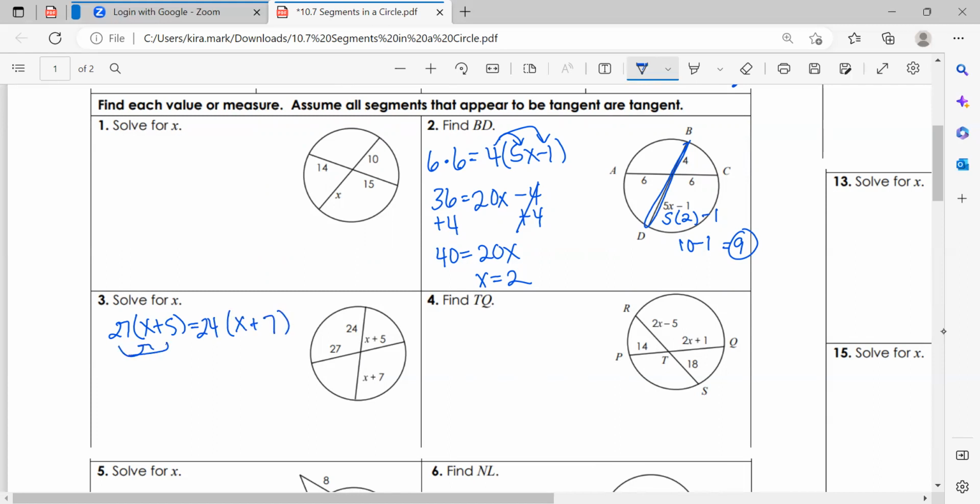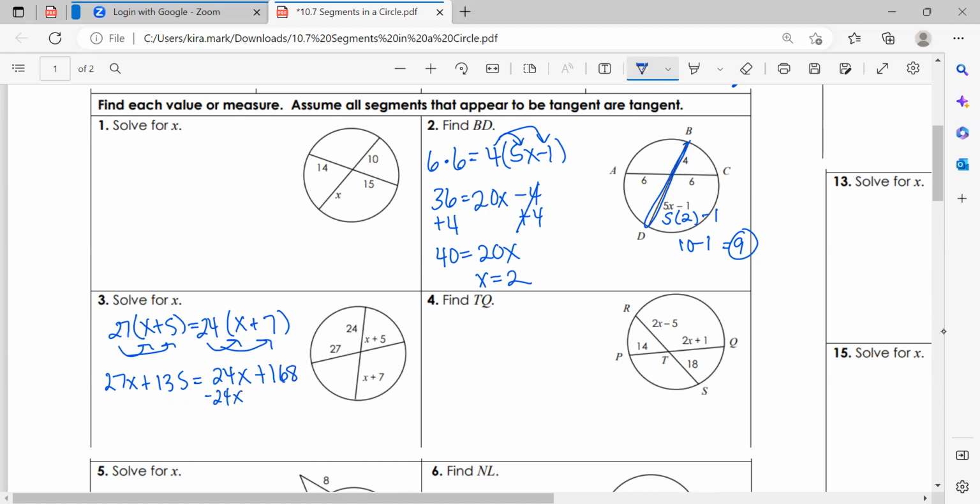You would distribute to both sides. 27x, and calculator right here, 5 times 27 gets me 135. And then 24x plus, pay attention to the signs. 24 times 7 gets me 168. And then we just want to solve for x, so get the x's together.